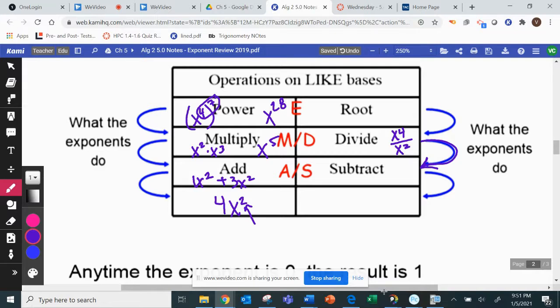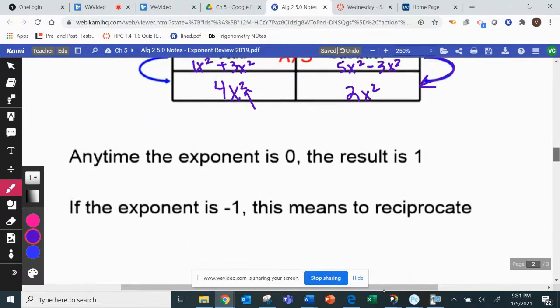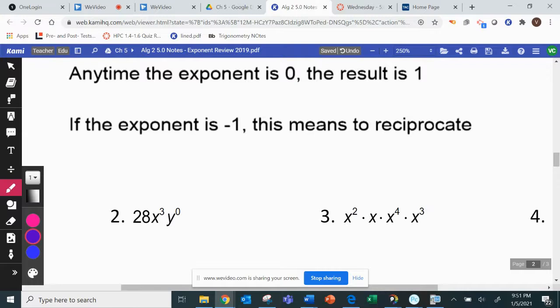If we're subtracting, say 5x squared minus 3x squared, what you do to the exponents is nothing. So 2x squared. That's how that chart works. Remember, anytime the exponent is 0, we get 1 for the answer. And if the exponent is -1, it means to reciprocate.